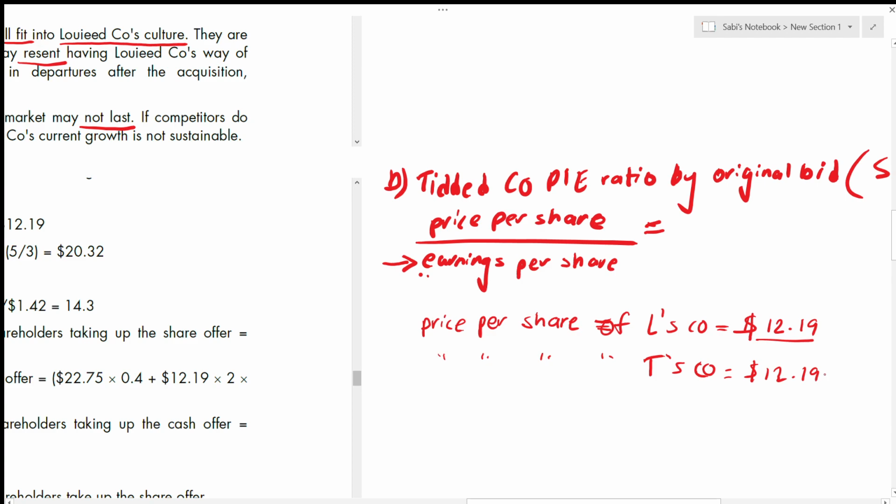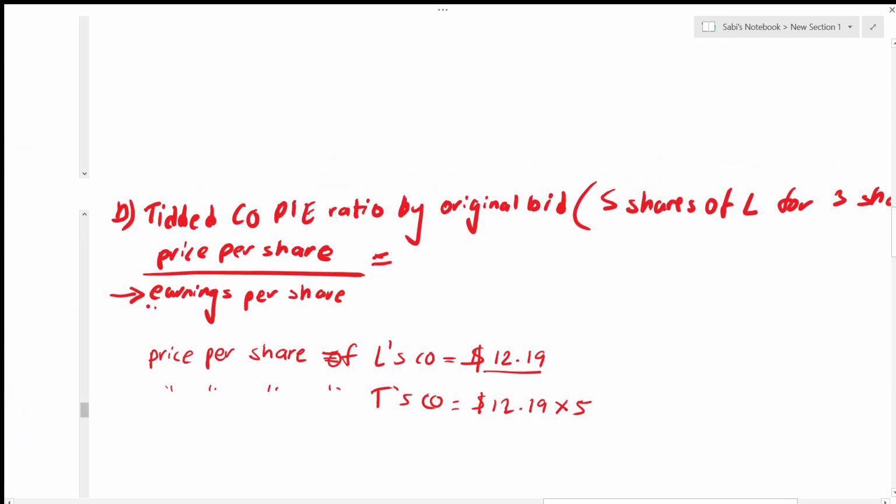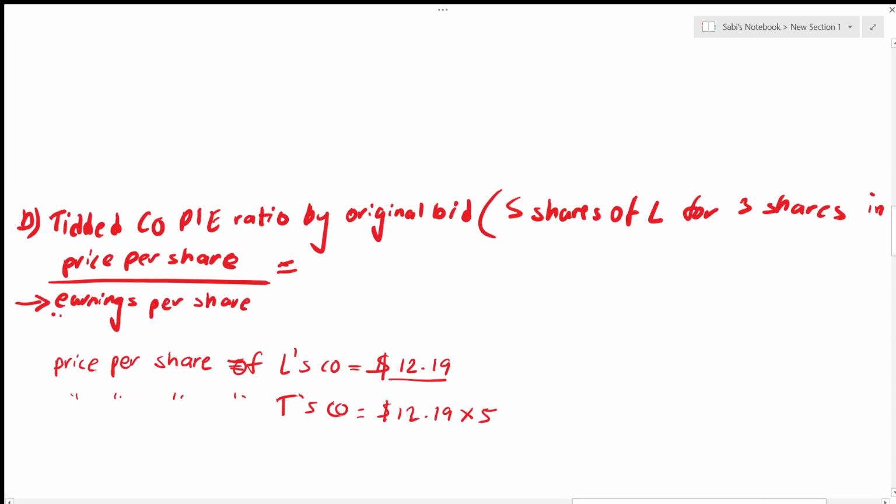So the 5 shares you have to multiply by 5. Just look at the original offer. 5 shares of L multiply by 5, right? Divided by 3. Because 3 shares in T.